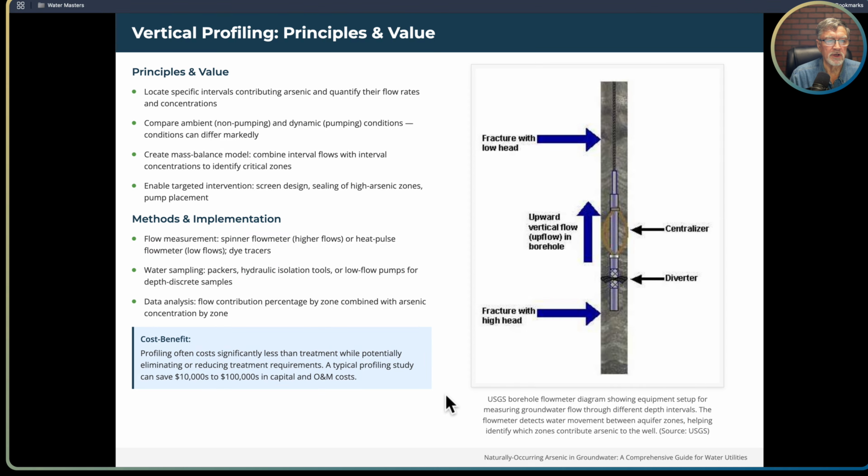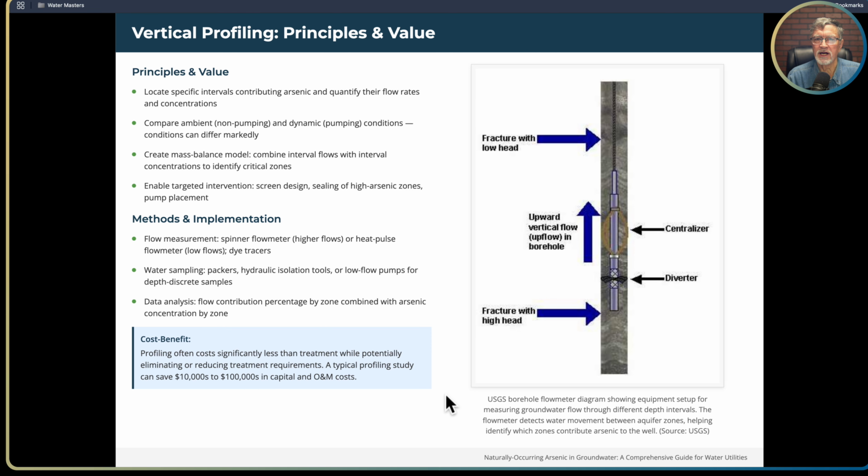That's really what the vertical profiling comes down to: we're going to sample our intervals at a minimum of 50 feet. If you're in a known arsenic area, I tend to like to go more than that. We have some tools out there now that allow us to do the old school zone testing, really, I don't recommend that anymore.